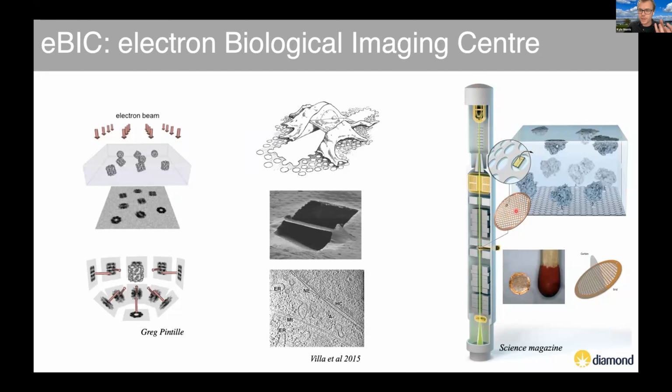The sample is on a very small grid, the size of a matchstick head. So we might look at molecules in suspension, but we might also look at cells on that grid, and we burn away most of the material of that cell, leaving just a very thin section, and then we can image molecules inside that cell.